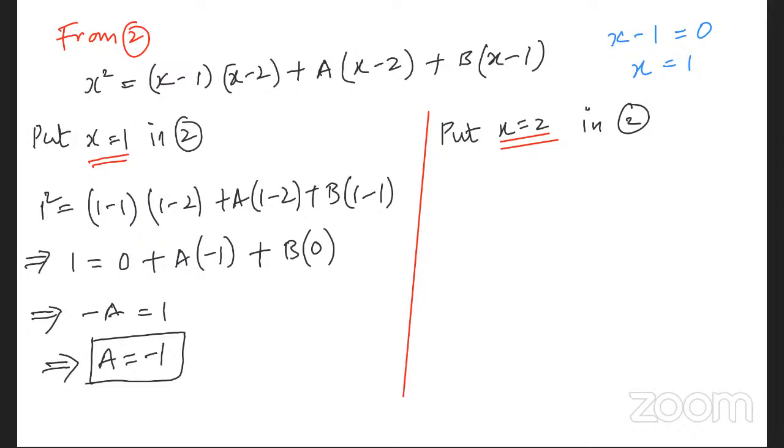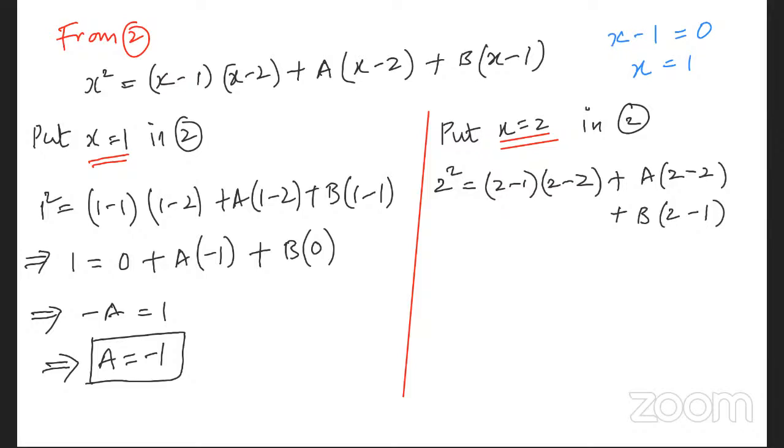What do you get? 2 square is equal to (2 minus 1)(2 minus 2) plus a(2 minus 2) plus b(2 minus 1).